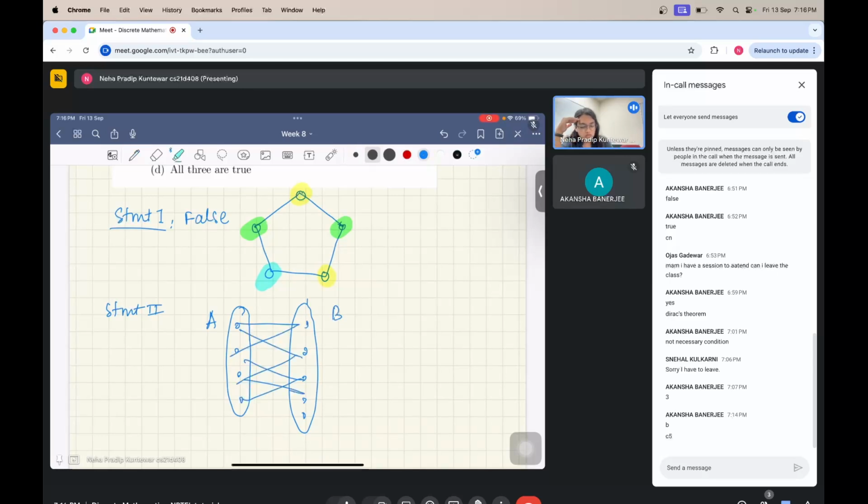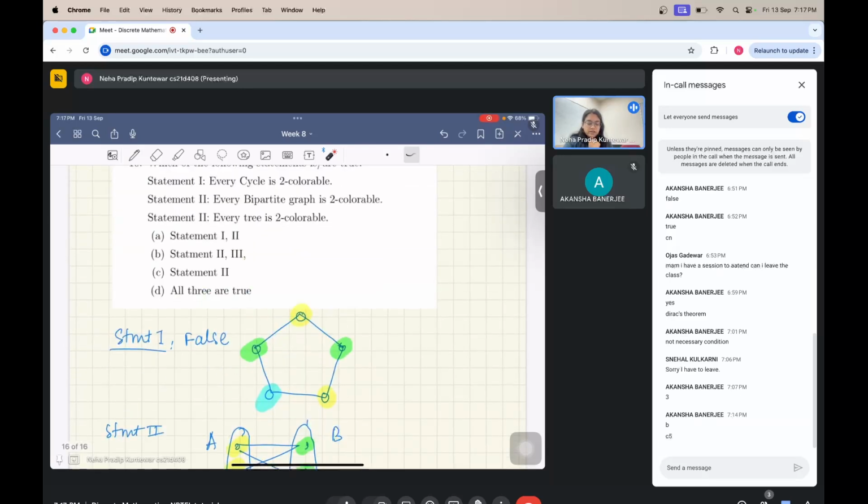So you can color all these vertices with yellow and all these vertices with green, because all the edges are between a yellow colored vertex and a green colored vertex. You cannot ever have a yellow to yellow edge, or a green to green edge. Hence it's sufficient to use these two colors to get a valid two coloring. Therefore, if you have a bipartite graph, then it is indeed two colorable.